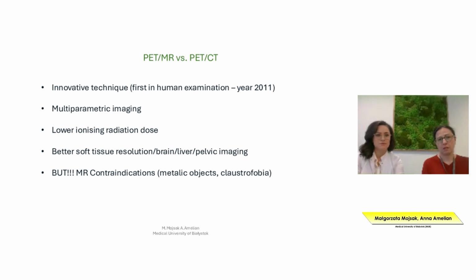Another important aspect is the fact that the PET MR has a very low ionizing radiation dose, and the research in Essen Center, where 100 patients were analyzed, and the dose of radiation was examined, and it was about 70% lower dose compared to the PET-CT technique. And as Professor Krulicki mentioned, PET MR has a better soft tissue resolution.